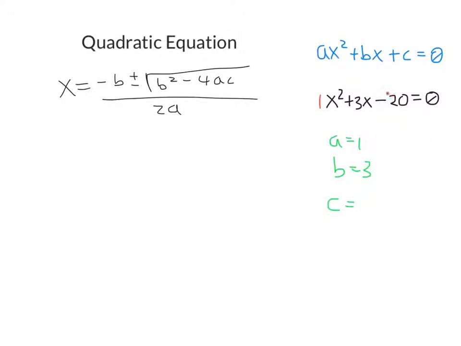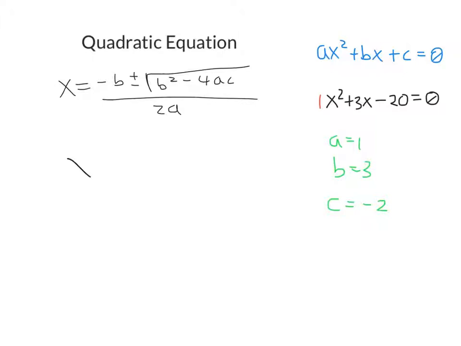We're adding, in air quotes, a negative 20. So c is negative 20. C is not 20, because c is the number that's being added to this stuff. When we look at this, what's being added to all this stuff? Negative 20 is being added. So c is negative 20.